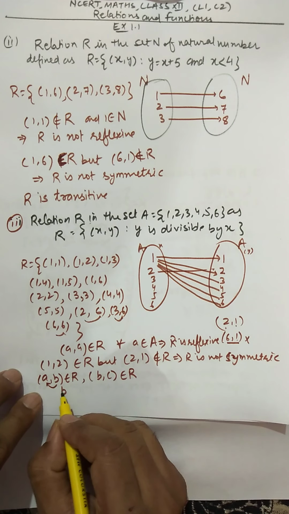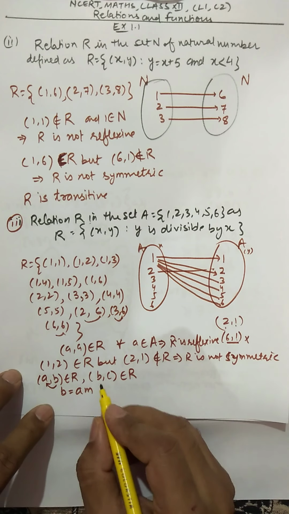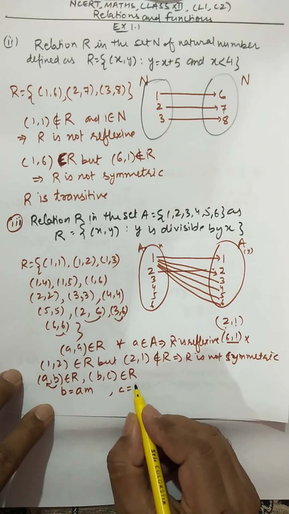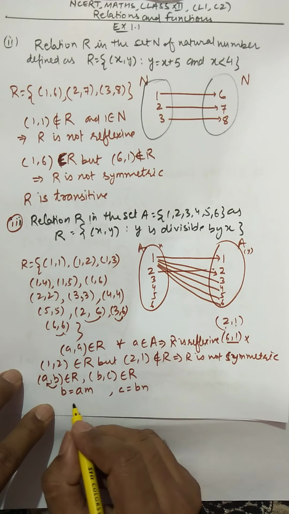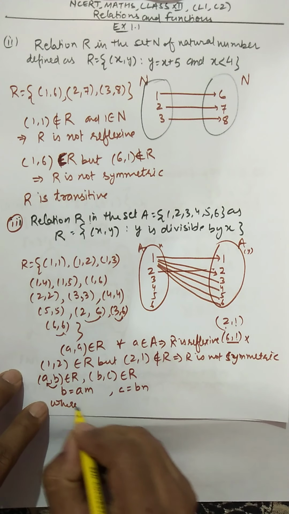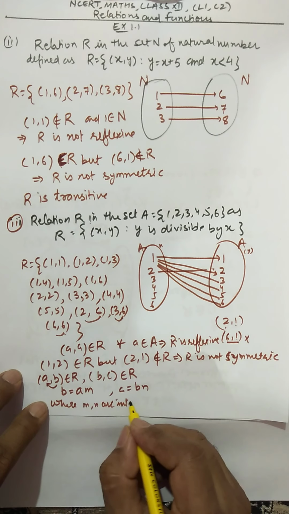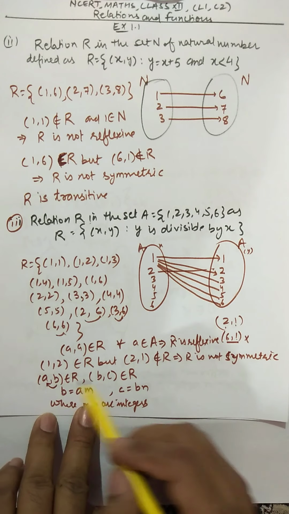It means b can be written as a times m, where m is some integer. And (b, c) belongs to R, so it can be written as c = b times n, where m, n are some integers.